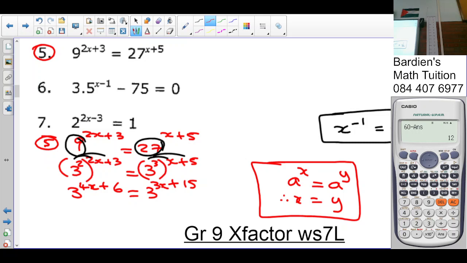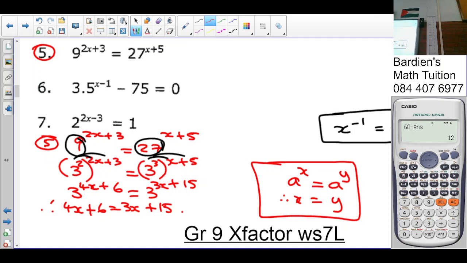So what can I say now? If bases are the same, exponents are equal. So therefore, 4x plus 6 is equal to 3x plus 15.